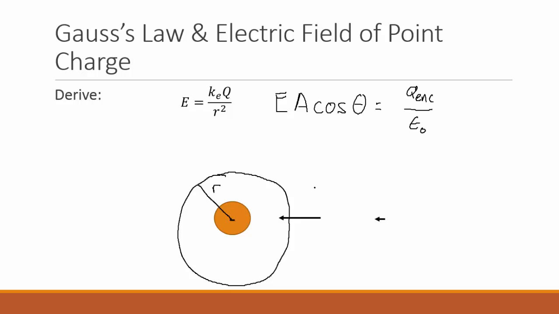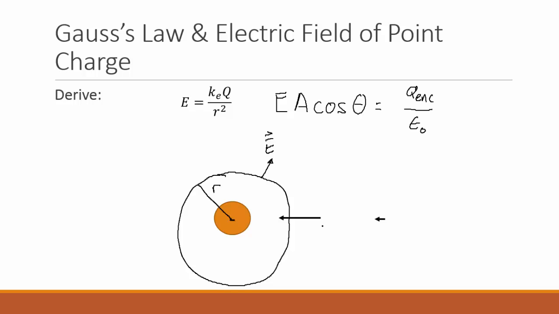It's never making an angle anything other than 0. Recall that the angle is between a vector coming out of the surface, so for example like this, directly perpendicular, and the electric field at this point is also going to be in that same direction. So here's an example electric field vector.